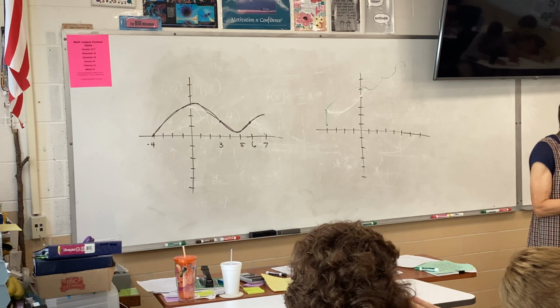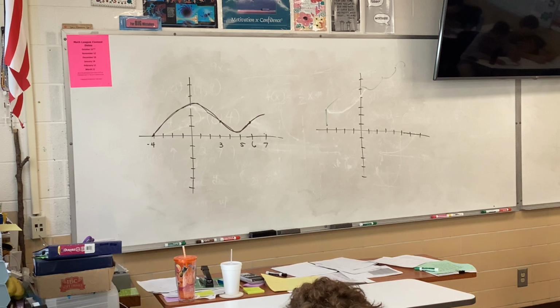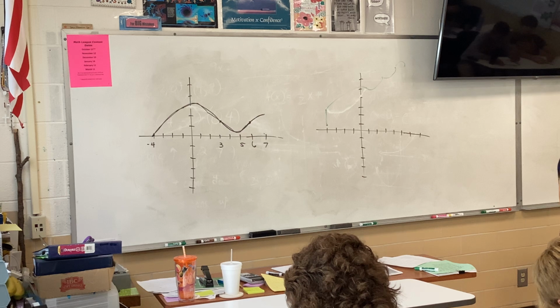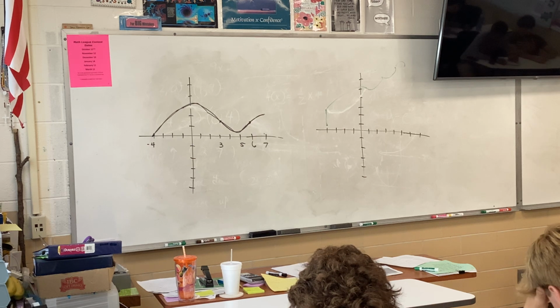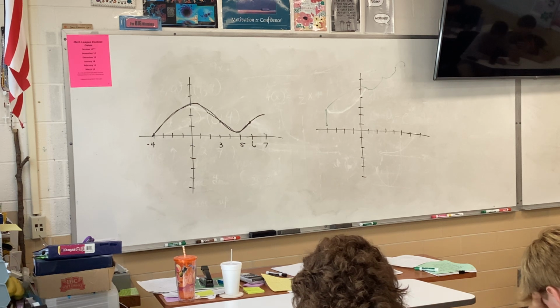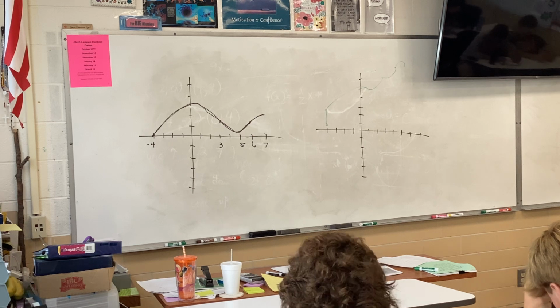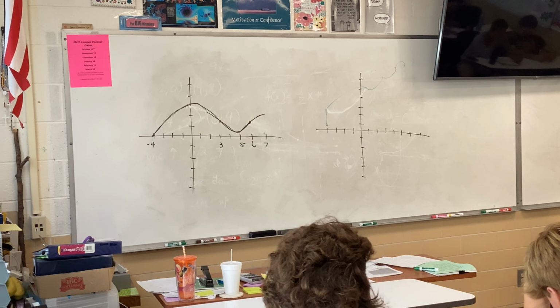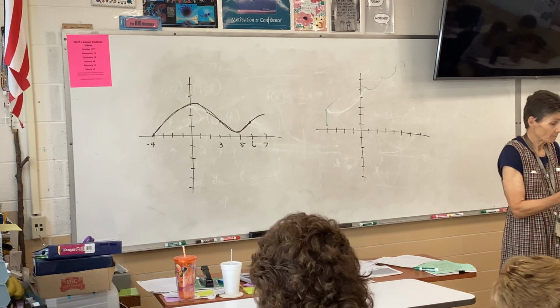How many minutes is Easton at the grocery store? About 15 minutes? How did you figure that out? Because he took a stop at the bank from like 20 to 30 minutes, and then on his drive to the grocery store, there's another break up top, and it's from 40 to 55 minutes. And what does that horizontal line mean, that break up top there? He's not getting farther from home. He stopped, right? He stopped somewhere.